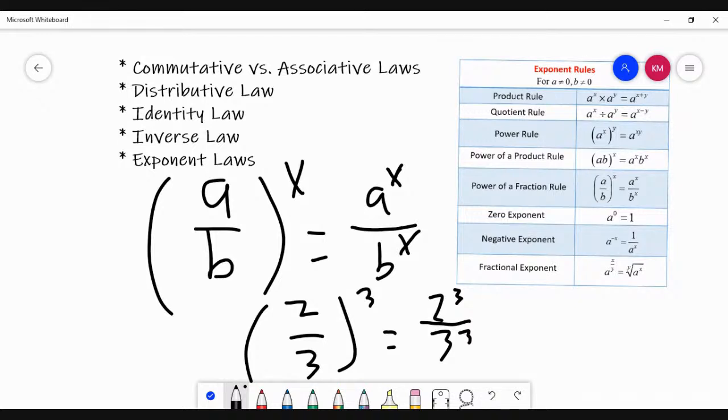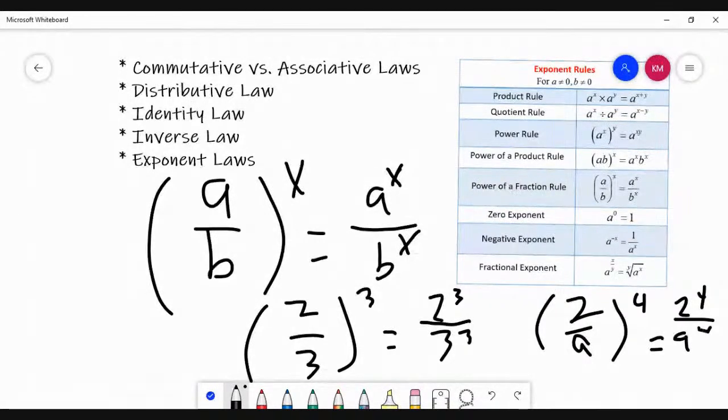Power of fraction rule. Whenever you have a fraction and the whole fraction is raised to a power, you raise the numerator and you raise the denominator, both to that power. So say, for instance, you have 2 over a raised to the 4th power. Well, 2 will be raised to the 4th and a will be raised to the 4th.